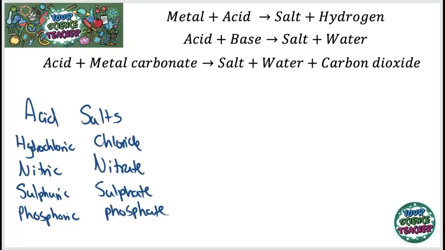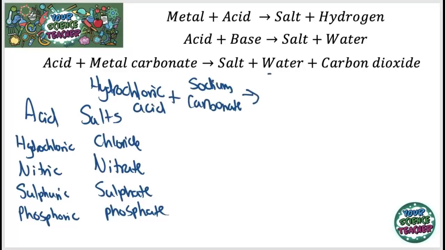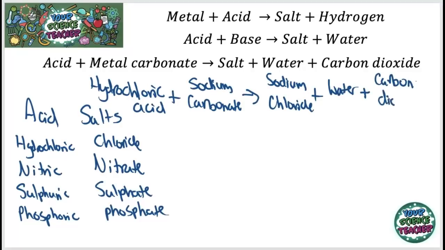If I had hydrochloric acid and I reacted it with sodium carbonate, I would make from my reaction sodium chloride as my salt, and water and carbon dioxide. So you can see how I've just followed the rules, as well as how to name the salt in what my products are.